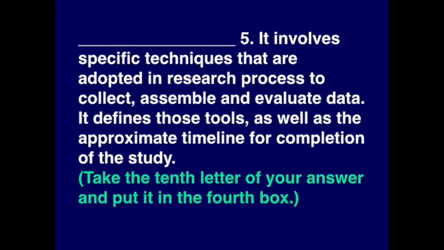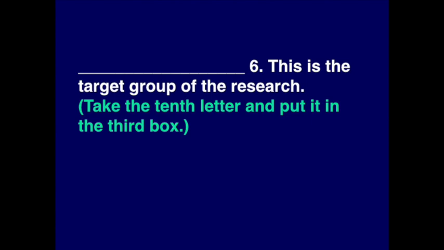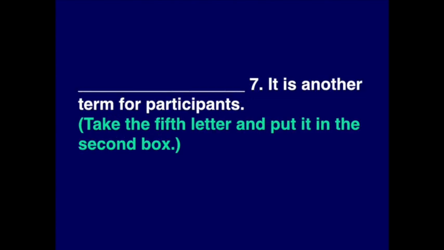That is number 5. And our number 6, this is the target group of the research. Take the 10th letter and put it in the 3rd box. That is our number 6. And our number 7, it is another term for participants.